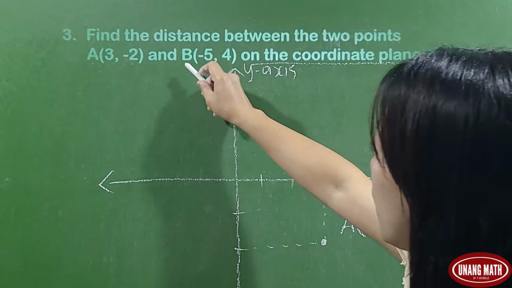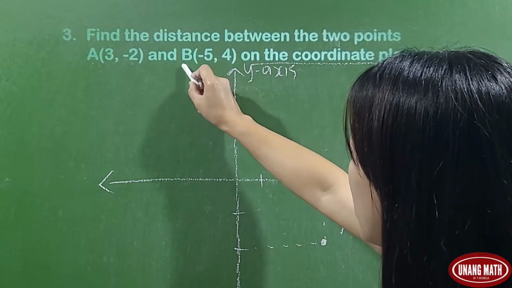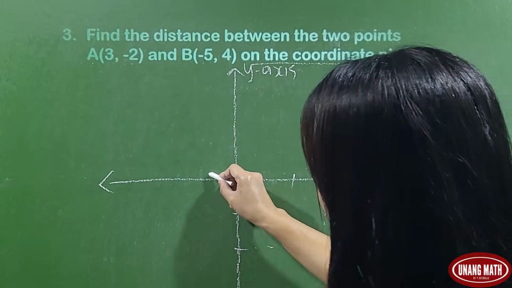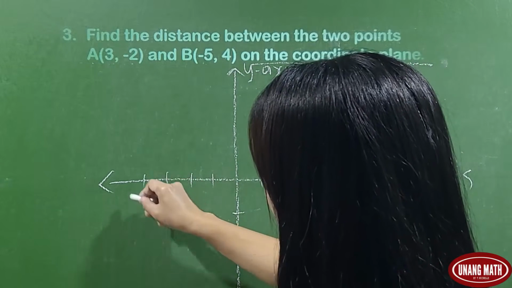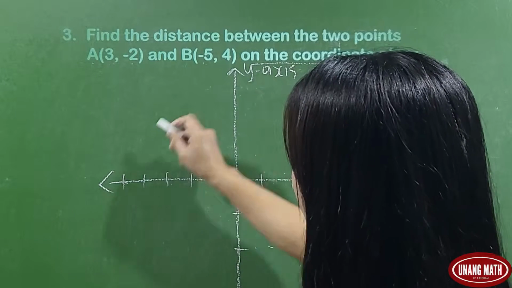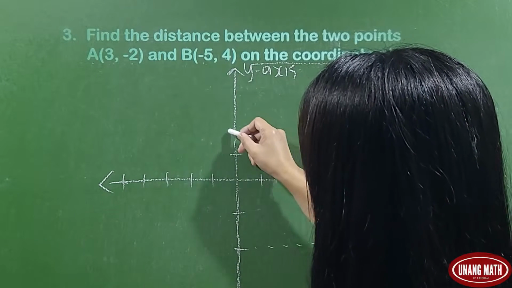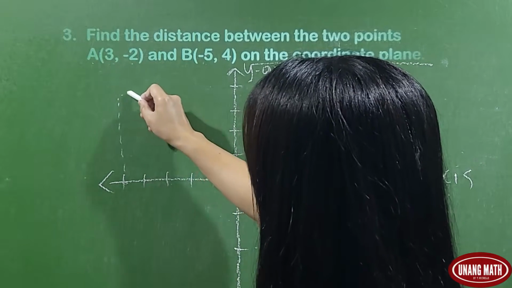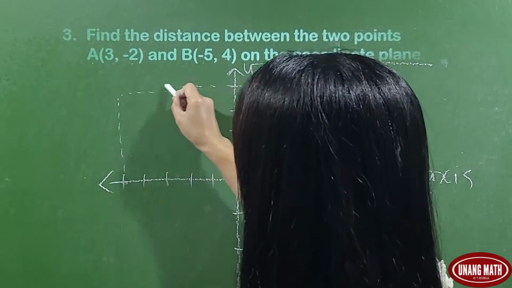Okay, now what about the other point, point B? It has coordinates negative 5, 4. So 1, 2, 3, 4, 5. So negative 5. And then the y coordinate is 4: 1, 2, 3, 4. So negative 5, 4.